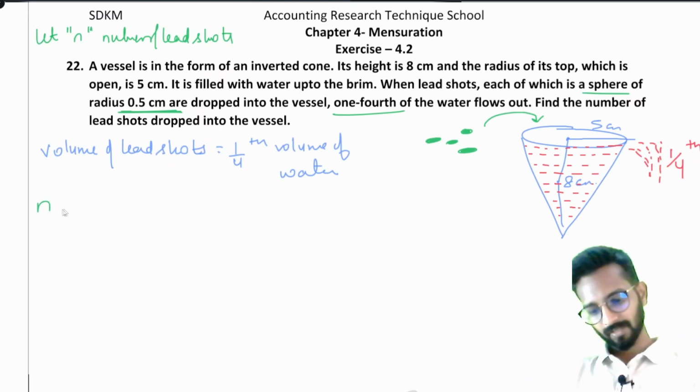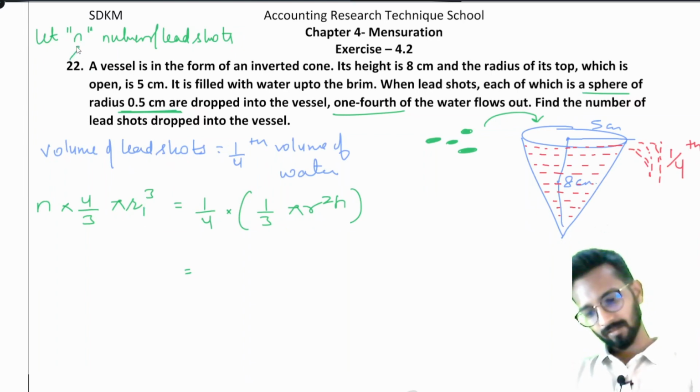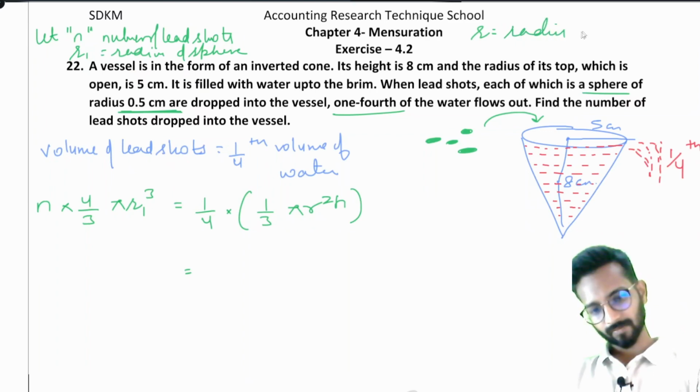So n multiplied by the volume of a sphere, 4 by 3 pi r cube, equals 1/4 of 1/3 pi r square h. Here r1 is the radius of the sphere and r is the radius of the cone.